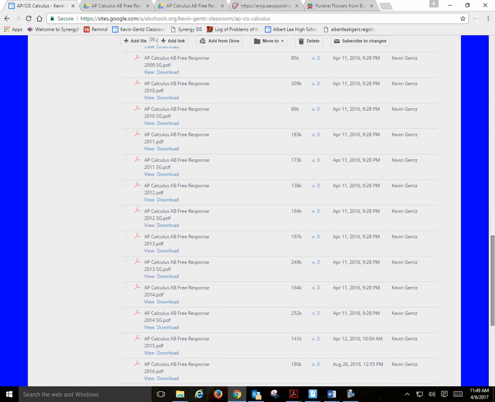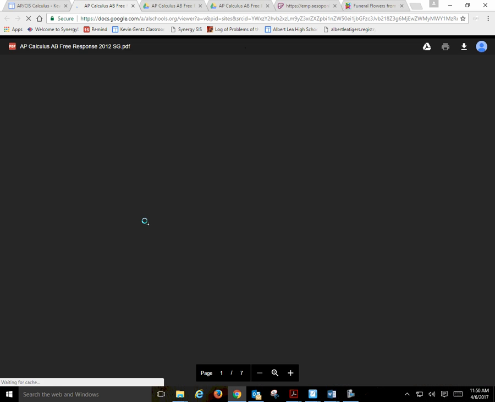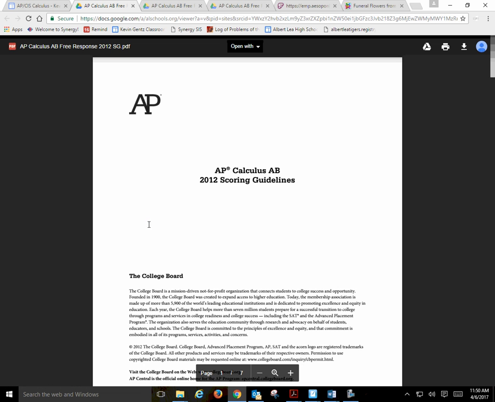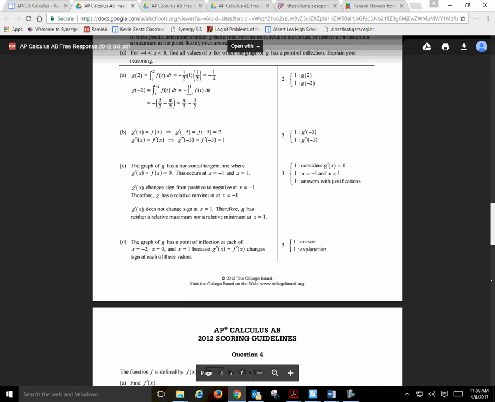It says free response. Now, what free response year are we working on? So look at 2012. There's 2012 PDF and 2012 SG PDF. That means scoring guide. And so when you click view for the scoring guide, which problem number from 2012 did we work on? Problem number 6.